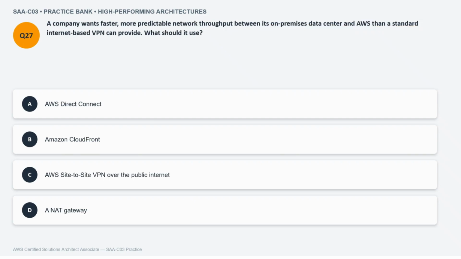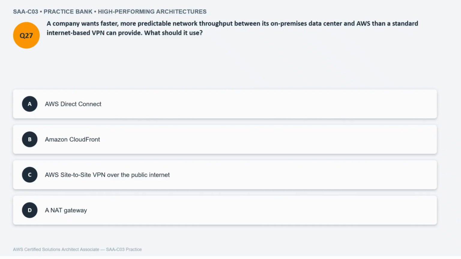Question 27. A company wants faster, more predictable network throughput between its on-premises data center and AWS than a standard internet-based VPN can provide. What should it use? AWS Direct Connect, Amazon CloudFront, AWS site-to-site VPN over the public internet, or a NAT gateway.